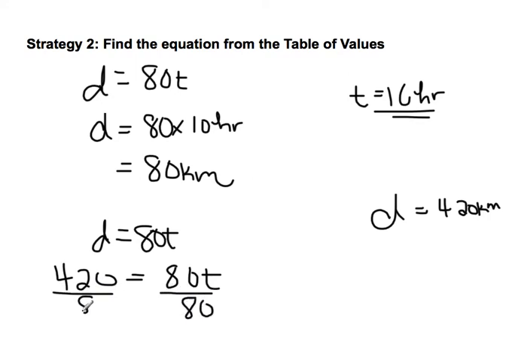Whatever I do to one side, I have to do to the other. So what is that? Holy cow. Am I losing it today? 5 point. I know it's 5 point. No, it's just a Saturday morning. So 420 divided by 80 is 5.25. I should have known that. Hours.